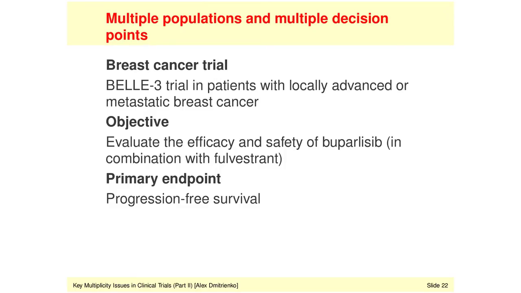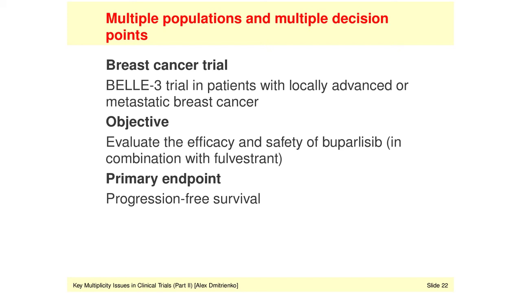Example 5. This last example, example 5, uses certain elements of the BEL-3 trial in patients with locally advanced or metastatic breast cancer, and it includes adaptive population selection. However, this particular adaptive design feature was not actually considered in the BEL-3 study. It will be used here mostly to help us understand the approaches to handling multiplicity in the context of more general adaptive trials.